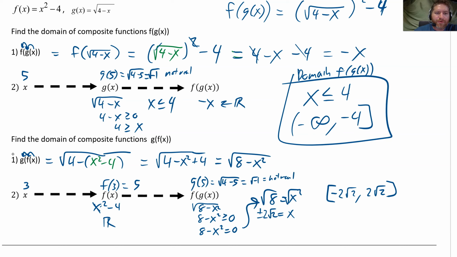So even though g says that we have to have everything less than 4, 3 is less than 4. It didn't matter because by the time it gets to g, which is saying that it has to be less than 4, f's already modified it into a new number. So we don't care what g is. All you're doing is looking at f, what it does to it, and then the final composite.